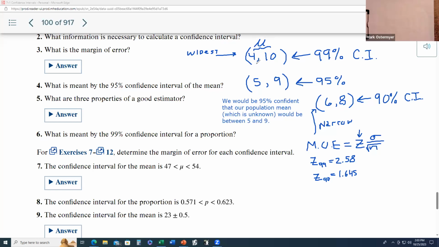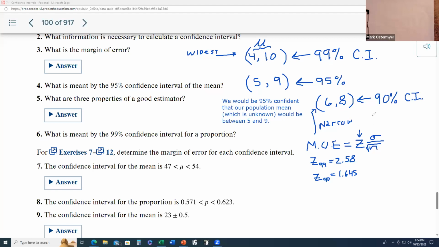But because this interval is so darn wide, it's going to be harder to pinpoint exactly what value in this interval mu would be, because we have a lot of values to choose from. So even though we're more confident that our population mean is in this interval, we have less precision in determining its exact value.